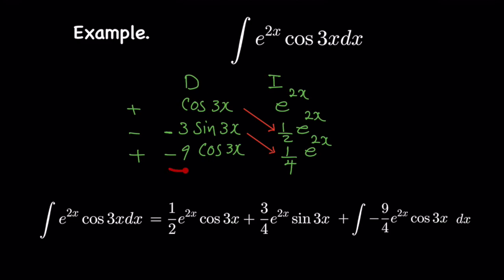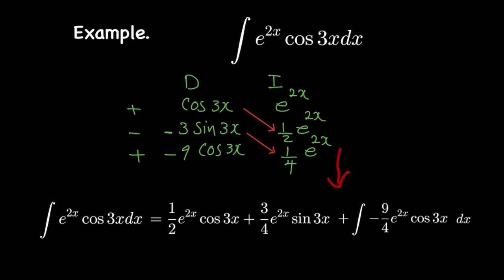I'm stopping at this row because notice that if you just ignore these constants for a moment, the product of these two functions is just e to the 2x times cosine. And that's what we started with. So after we apply the DI method twice, so basically after constructing the first two rows, we are given that same function.